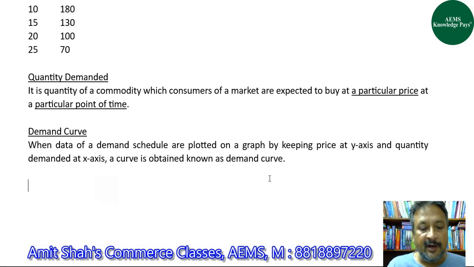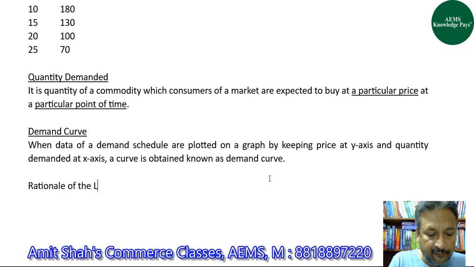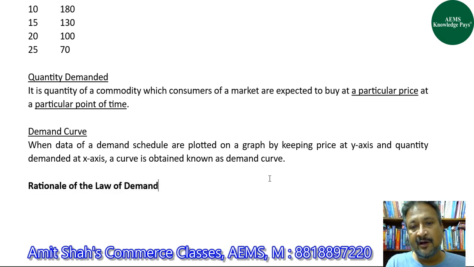So after understanding the demand curve, the next thing that we have is the rationale of the law of demand. That is why the demand curve is so, or why the law of demand is so.